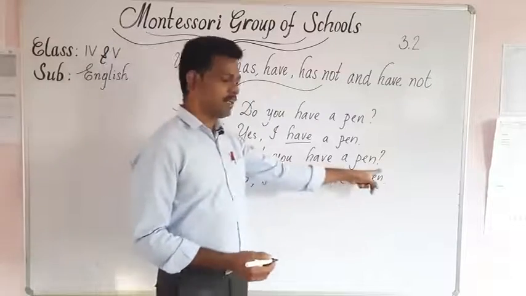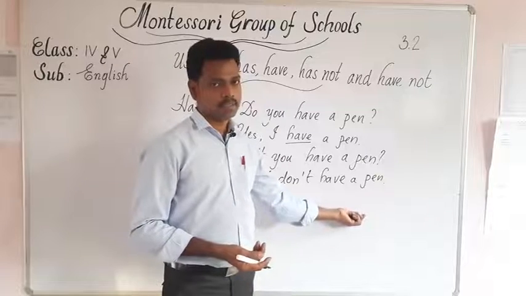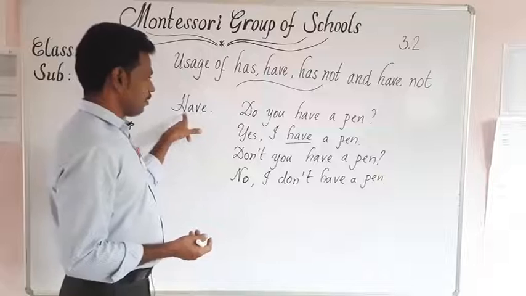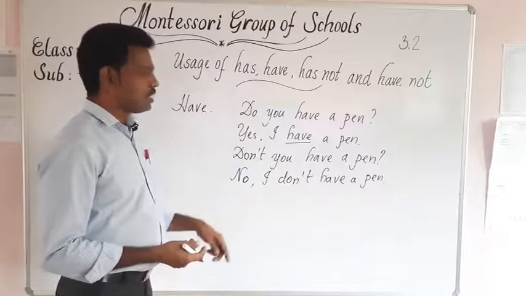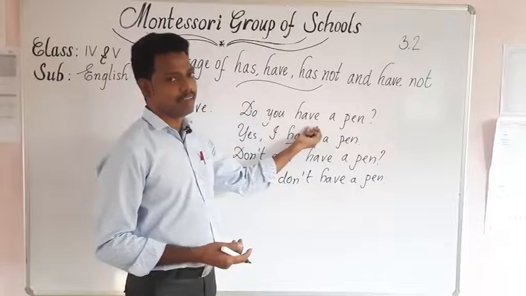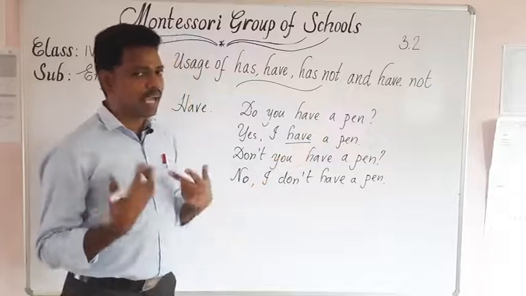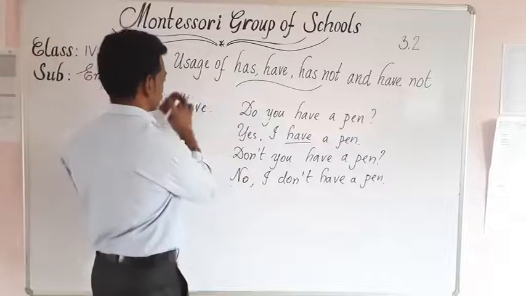Don't you have a pen? The answer can be no, I don't have a pen. So, making questions with have or have not. In possessive case, we have to use do plus have. Do plus have. Whereas when we use have as helping verb, how do we make questions?